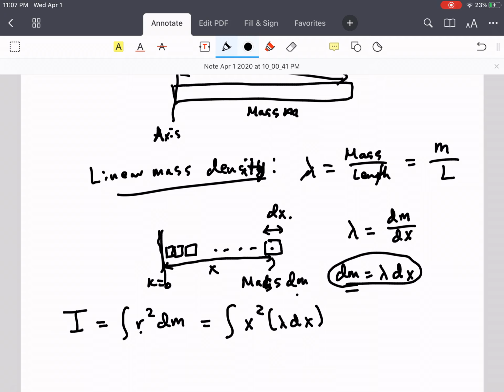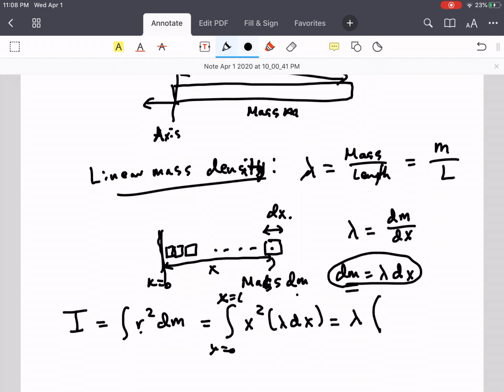What are the limits of the integral? What's the smallest value of x I can get? 0. The rod doesn't continue past x equals 0. And similarly, what is the largest value of x I can get? It's just L, the length of the rod. So I'm integrating from 0 to L of x squared dx times lambda. The lambda factorizes. The integral of x squared is 1/3 x cubed.